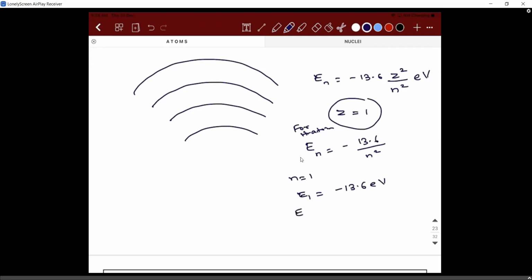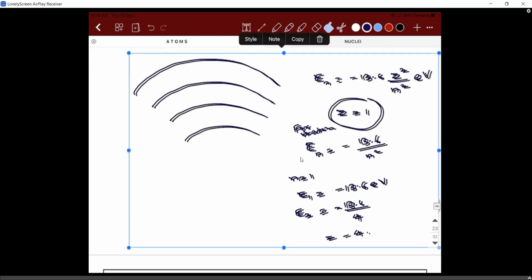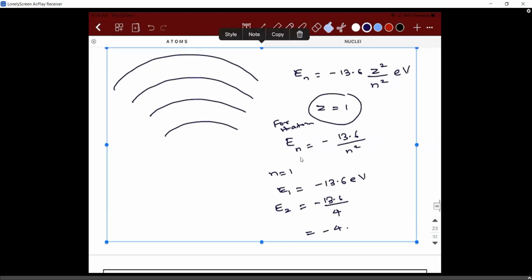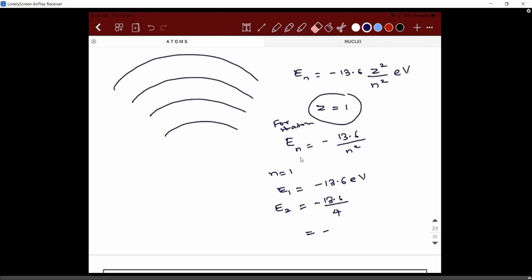What is the energy of the electron in the second orbit? Minus 13.6 divided by 4. How much are you going to get? Minus 3.4 electron volts. What about the third orbit?